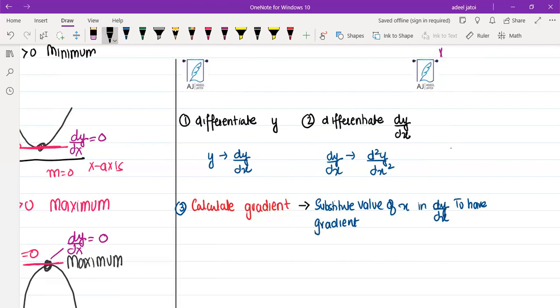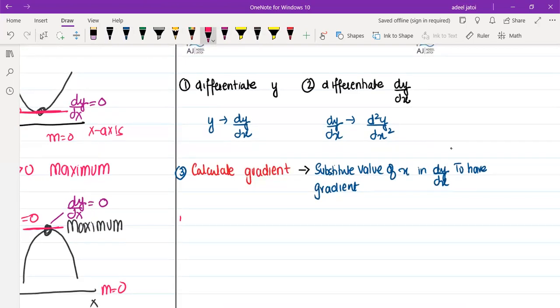Then the examiner can also ask you the nature. For that, differentiate dy upon dx to have d2y upon dx square.